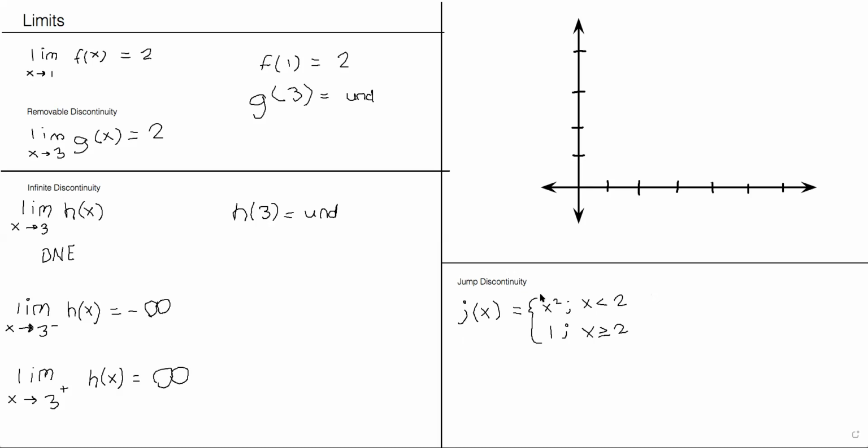And because that doesn't exist in this top function, we're going to put an open circle right there just to indicate that for the top one, it does not exist when x is 2. And that's why we put an open circle instead of a closed circle. So x squared would look something kind of like this. That was really bad, but you get the gist.